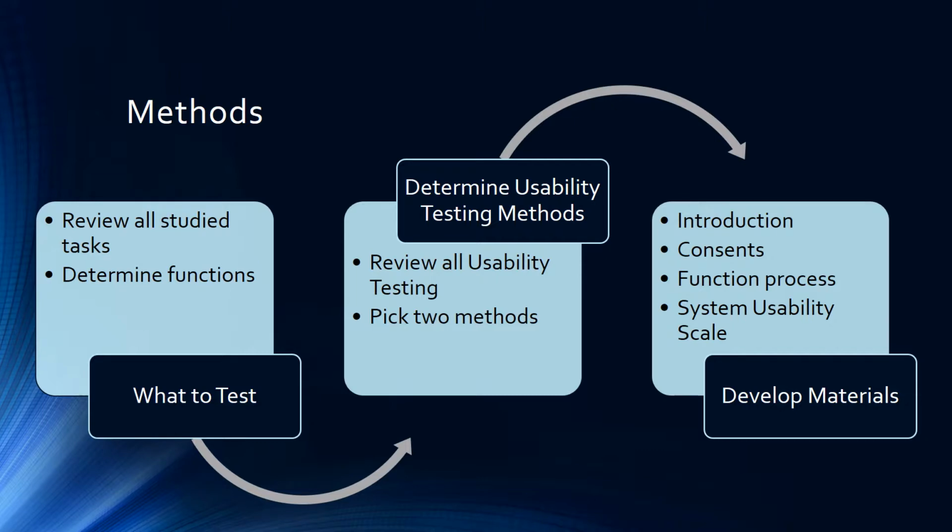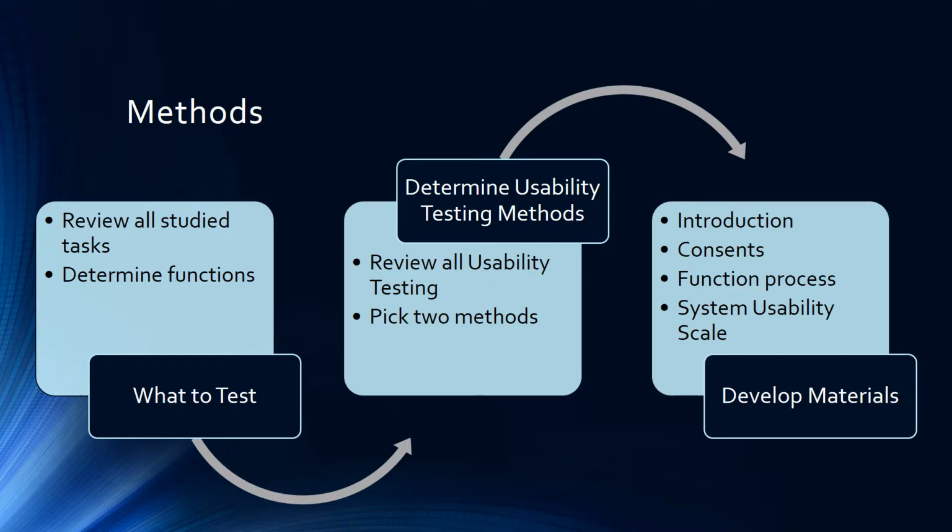Then I determined the usability testing methods that I would be using. I picked 2 methods. One was a think aloud process, and the other was a system usability scale.